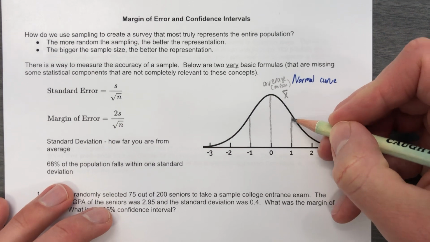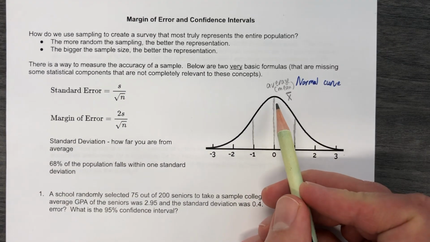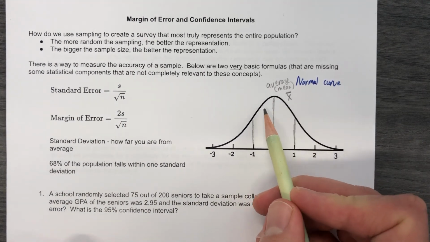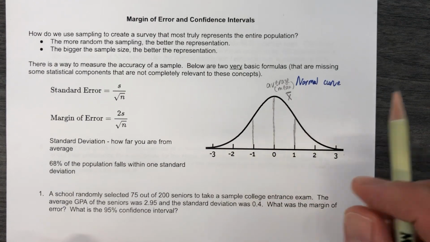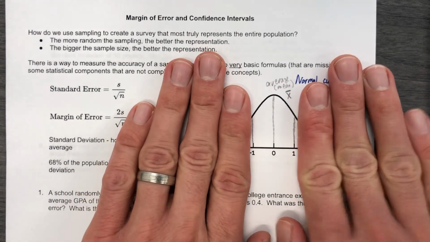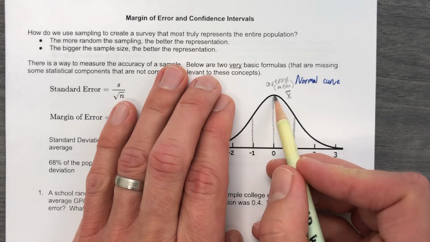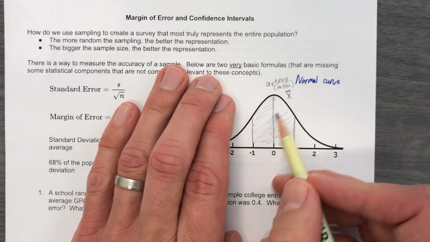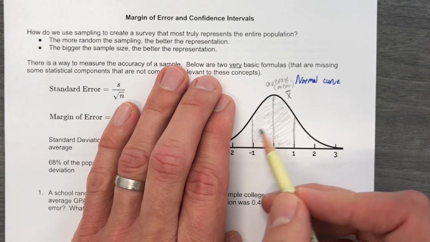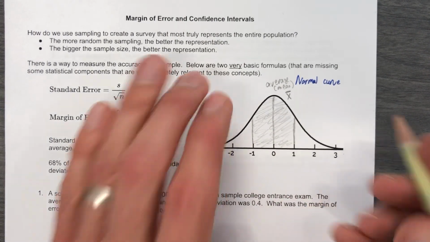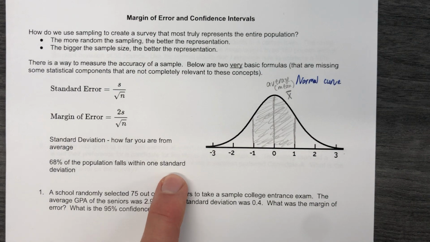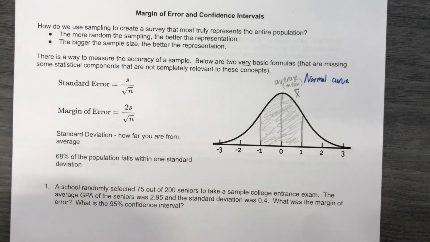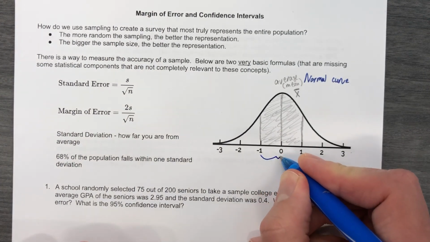So with the data that we just made up, 72 inches tall is the mean for men, and a 3-inch standard deviation means that we're going to have a bunch of guys that just fall in this category right here, and this category is the category of one standard deviation away, and 68% of the population falls within one standard deviation. So this is within one standard deviation right here.